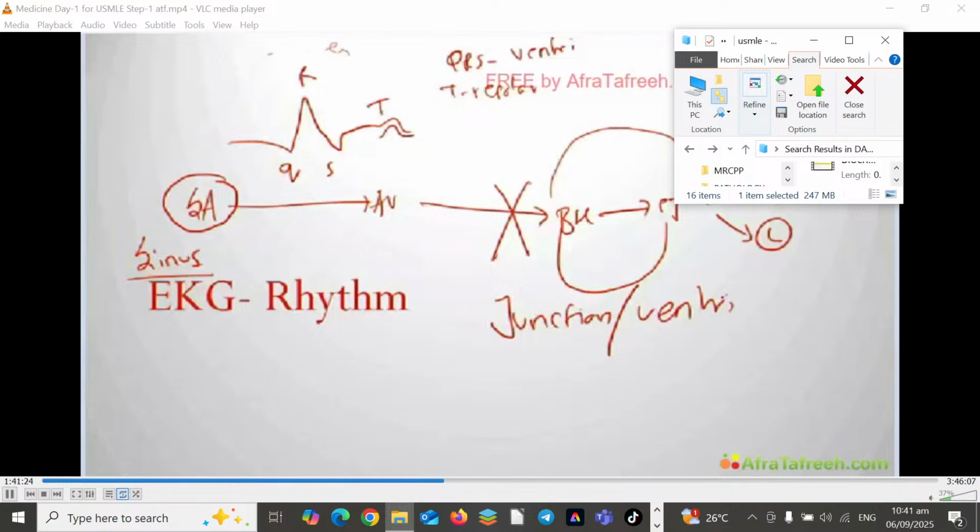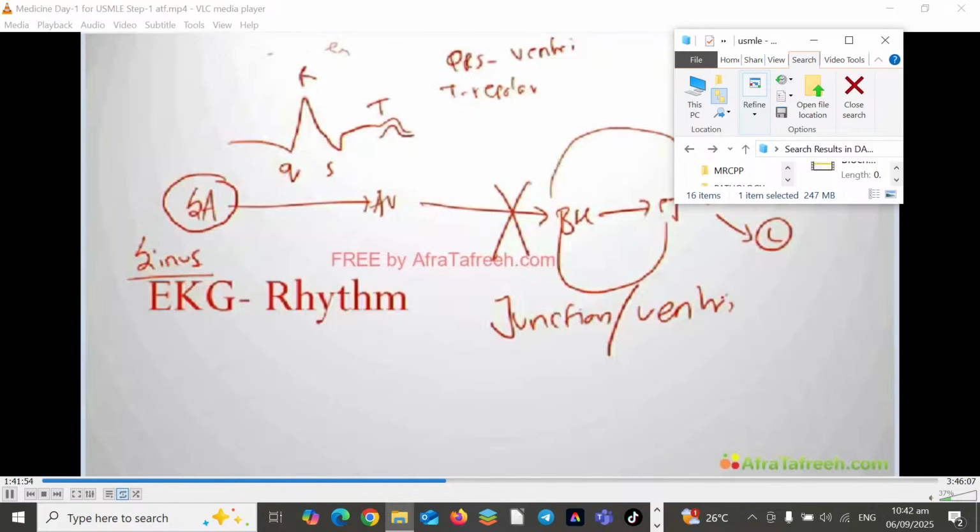So the area where the rhythm is starting gives the rhythm its name. You guys are physiology people. You understand biochemistry and physiology way better than I do. The only reason the SA node dominates the heart rhythm is because it fires at a faster rate. The whole cardiac musculature has its own automaticity.